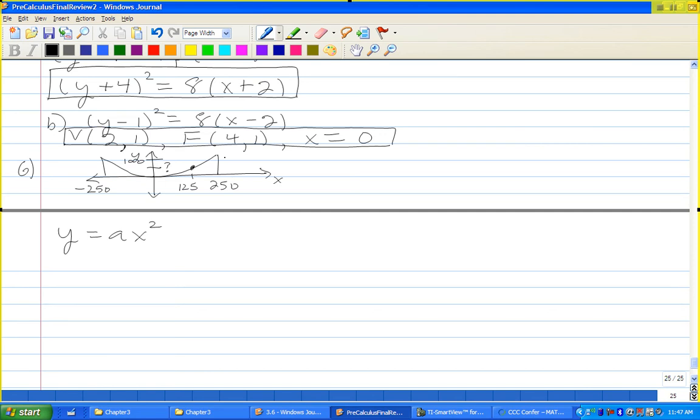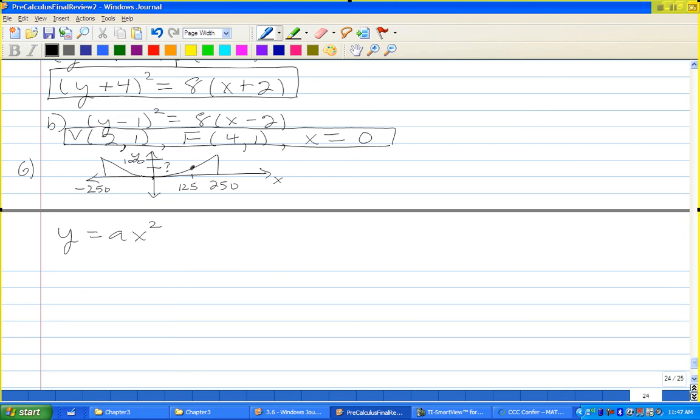And if 100 feet high, so this is why this is at 100. If the cables touch the road surface midway between the towers, so that's why it's going here. What is the height of the cable at a point 125 feet from the center of the bridge? So that's what you want to figure out.